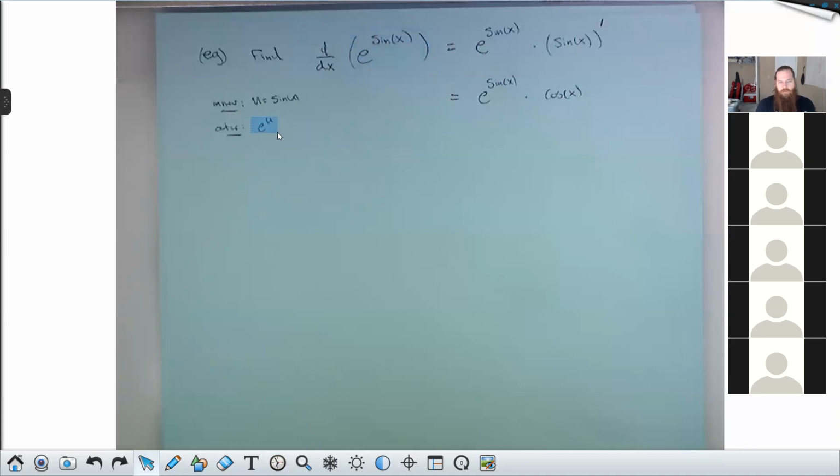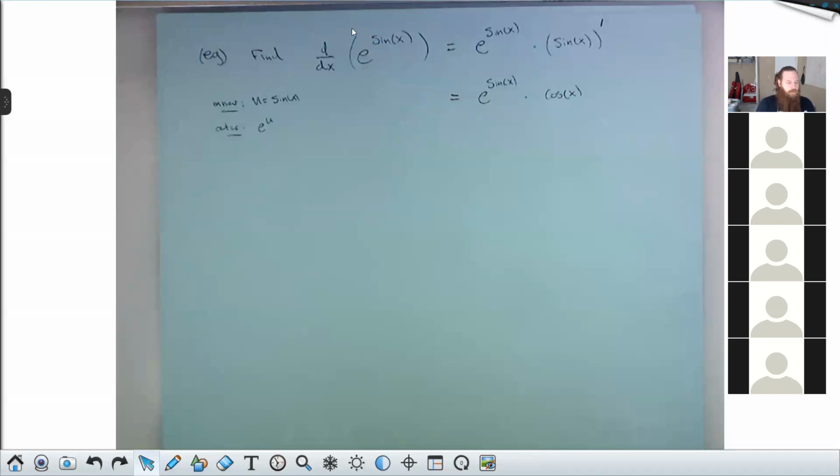If you take e to the u, which is that exponential function, and you plug in sine of x for u, then you will get our guy here. So the inner here really is sine x, the outer is the exponential. I understand how that can be a little bit confusing, but if the power is constant, then the power is the outer. If the power is variable, then you need to think of the function as being exponential, which means probably whatever's going on with the power is going to be the inner, and the outer will be the exponential. Okay, and e to the sine x is very similar to e to the x with the derivative, where it just doesn't really affect it.